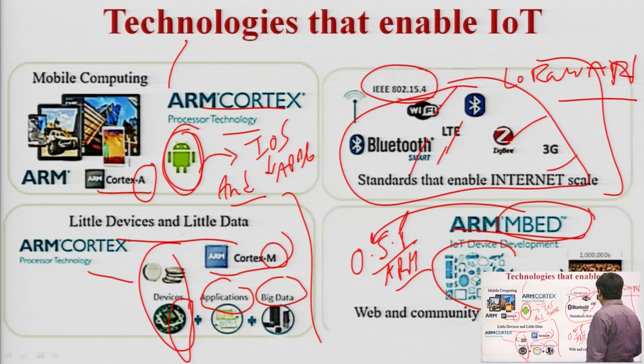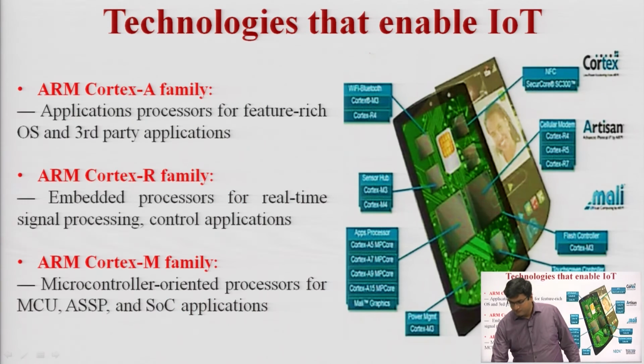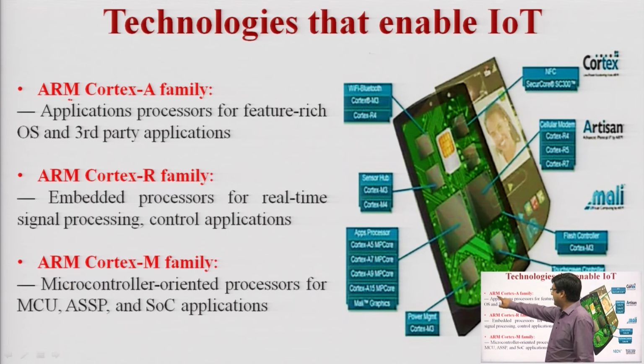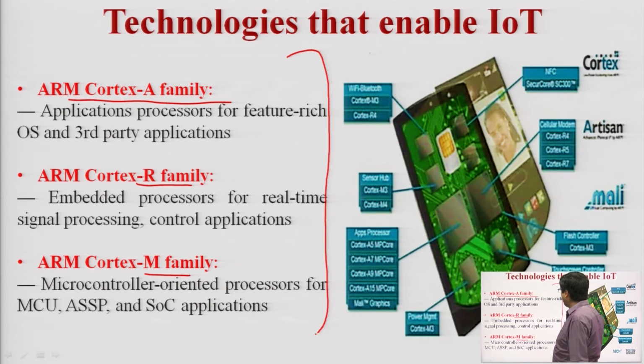Here you can see that there are a lot of devices: smart watches, smart TVs, smart umbrellas, smartphones, all connected with the platform. Hundreds of millions of devices are connected, so we can say it is web and community based development. Here you can see more technology: ARM Cortex-A, where A means application, R means real time, and M means microcontroller. So these are the ARM Cortex boards we are using.